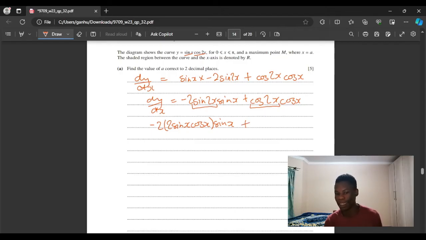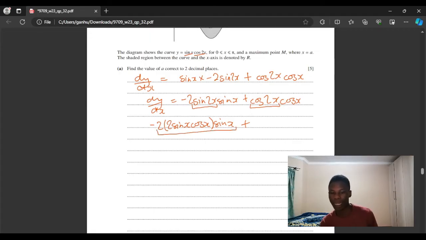plus, in this case you notice that when we completely simplify, we'll end up with an expression in terms of sin squared x cos x. So when we expand cos 2x, we need to use the formula that gives us something in terms of sin squared x, because we already have the cos x part. So cos 2x is equal to 1 minus 2 sin squared x, so that's 1 minus 2 sin squared x times cos x.